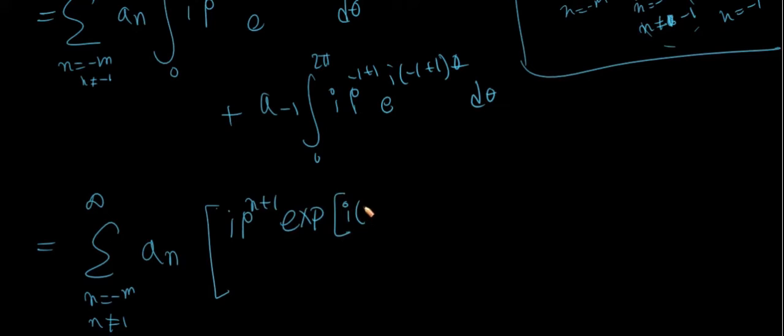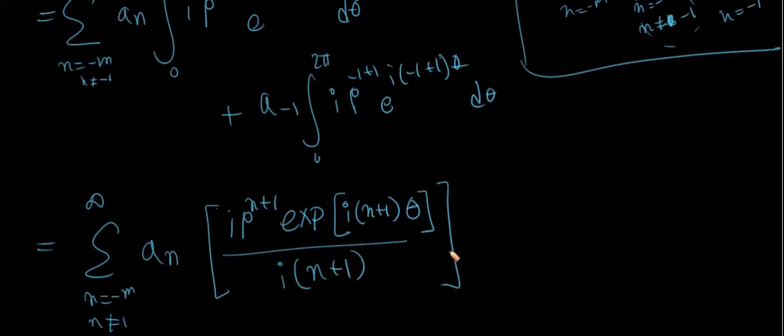So this is the most convenient format. So exp(i(n+1)theta) divided by i(n+1), and the limit is from 0 to 2 pi, right?